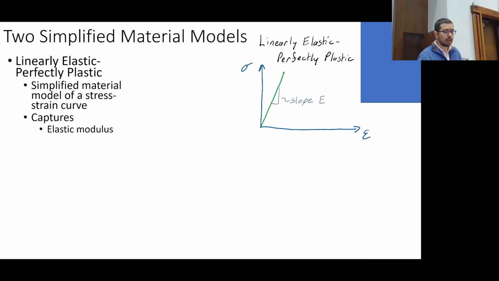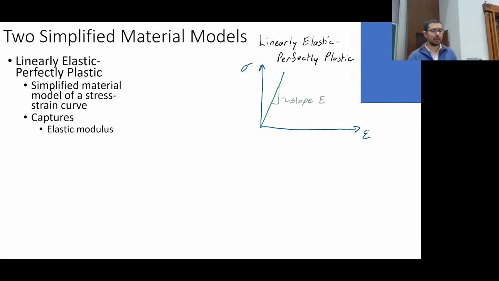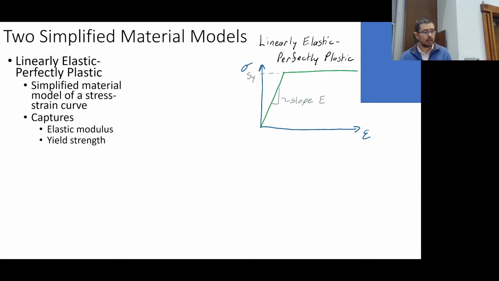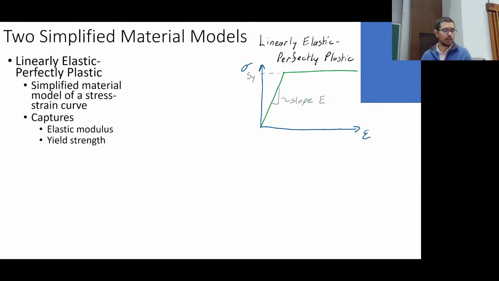So the first one, the linearly elastic perfectly plastic. In both of these models, there is still a region that has an elastic modulus for its slope. It captures the yield strength, and at that yield strength, it then just goes horizontal. That may not be a perfectly horizontal line, but it's supposed to be. So linearly elastic describes this portion, and then the hyphen says perfectly plastic.